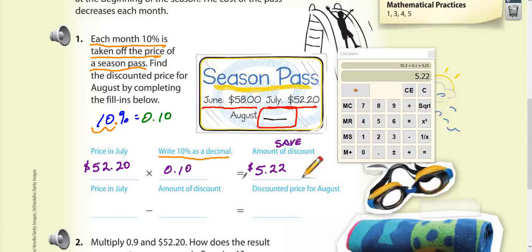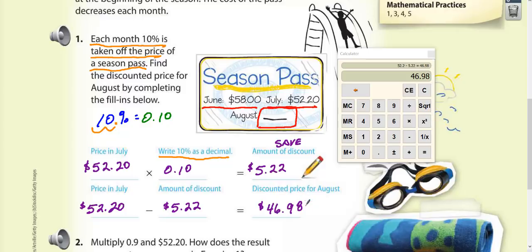So to figure out what we're going to pay in August, we go back, we put in the price for July, we subtract the amount we save, that's what the discount is, how much you save, and we end up with $52.20, take away $5.22, we end up with $46.98. That's the discounted price for August.